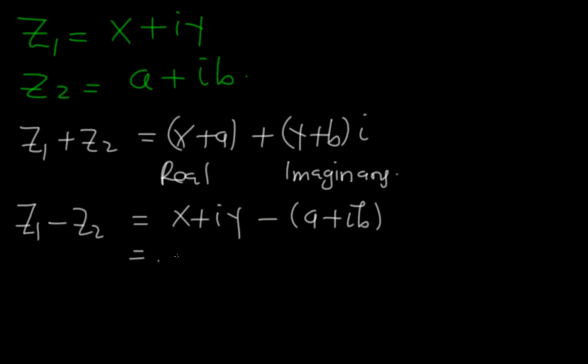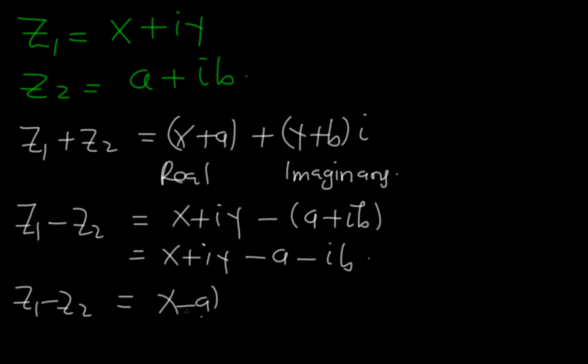And this is x plus iy, then minus a minus ib. So the final result of z1 minus z2 is the same as saying x minus a, then plus y minus b, everything multiplied with i.